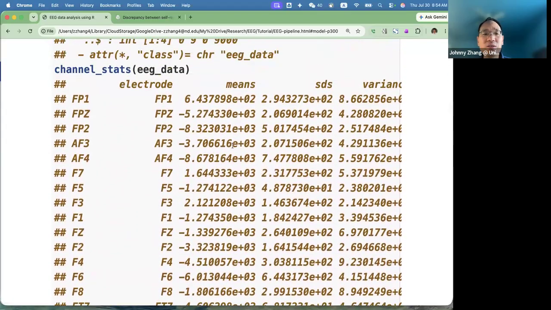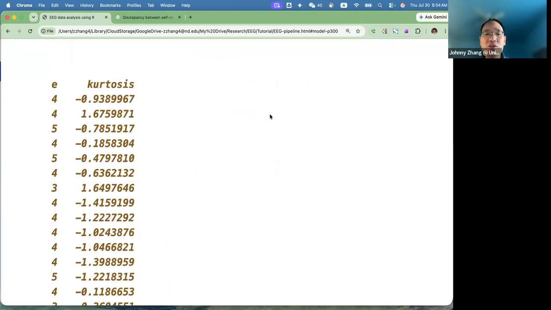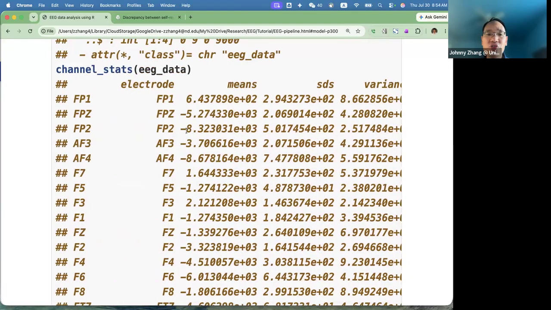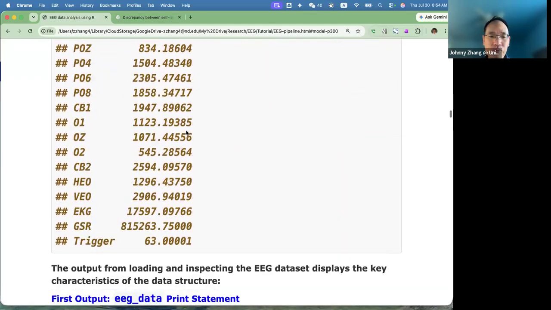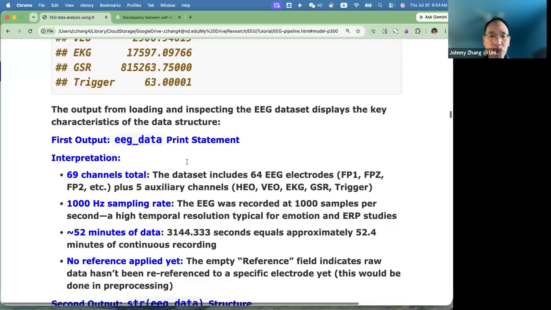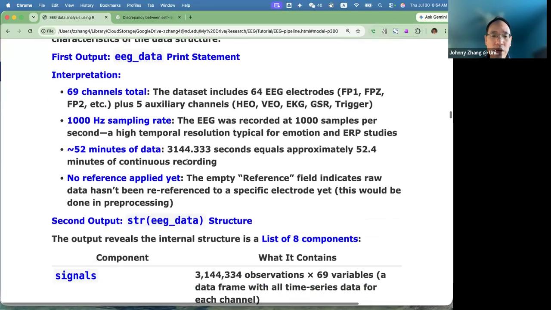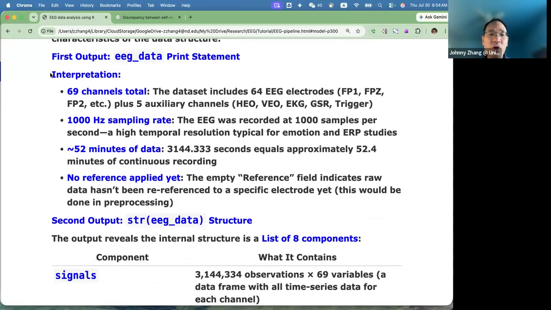If you want, you can calculate the basic channel stats using the channel stats function, which gives you the mean, standard deviation, variance, and kurtosis of each channel. Here gives more interpretation. I already talked about each earlier, so I'm not going to repeat this.